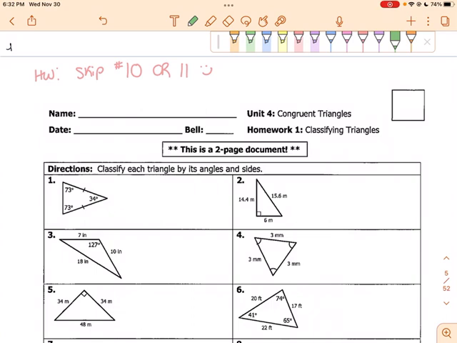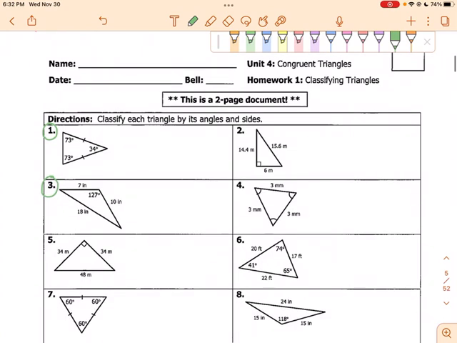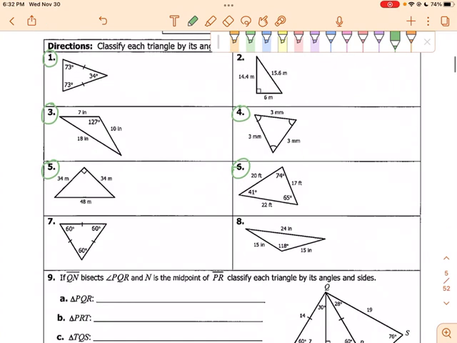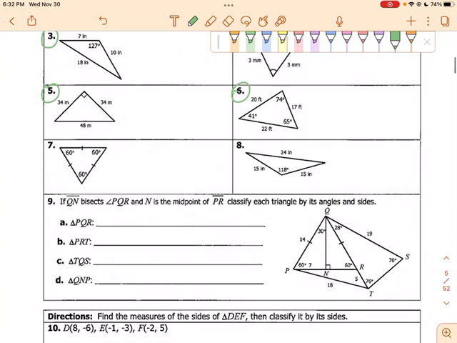I think I'll circle some that you can skip just to save you at least some time. I'll circle the ones that you definitely have to do, and the others, if you want to do them, you can as well, depending on how much time we have left in class, because I'm not quite sure.